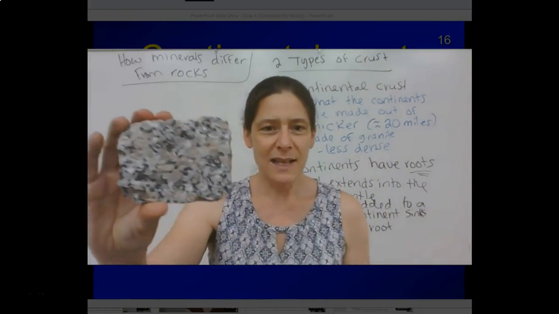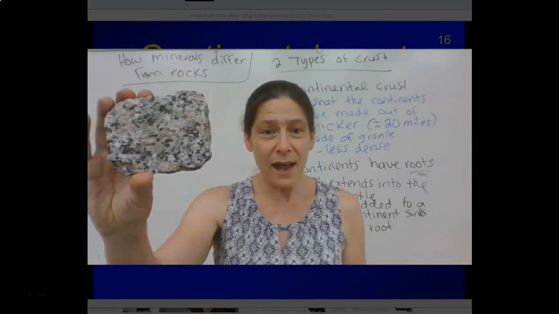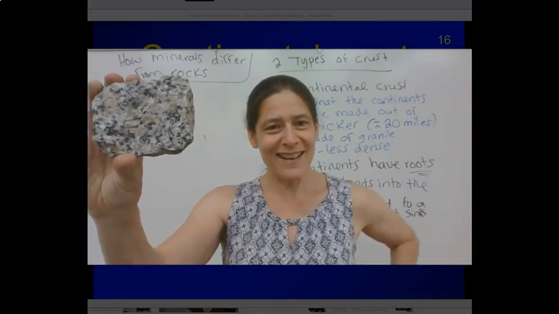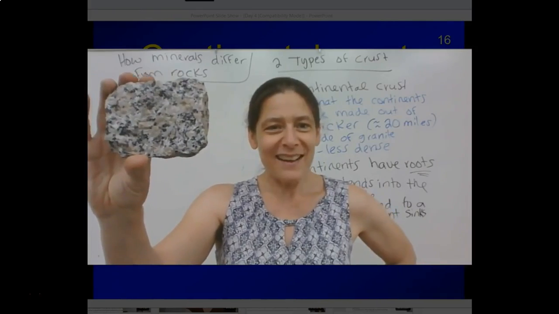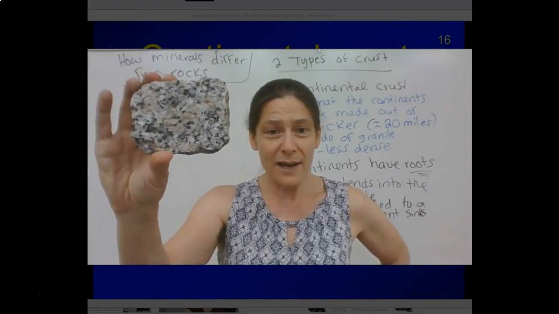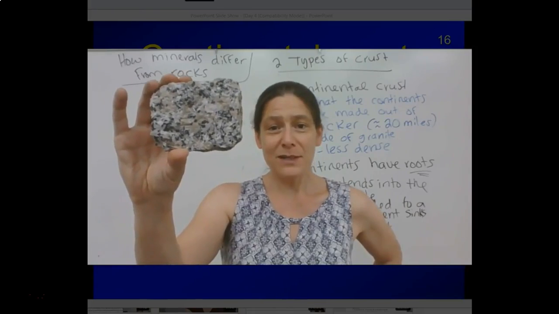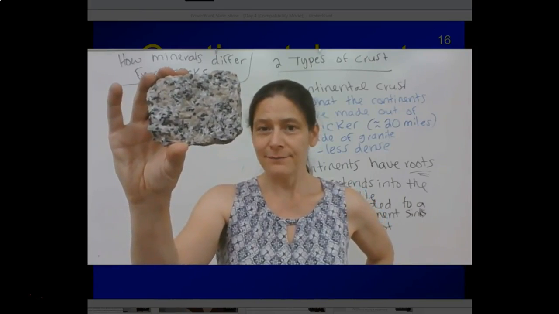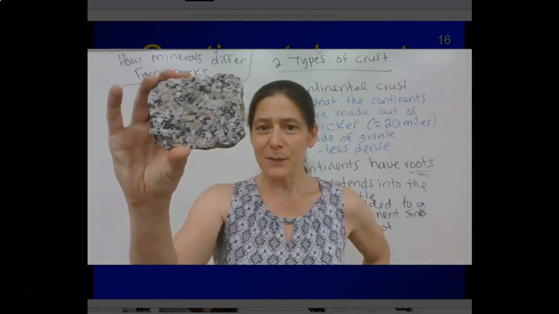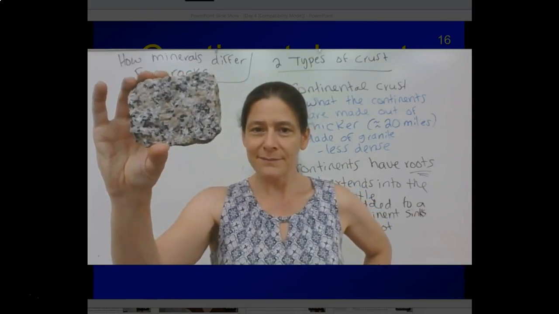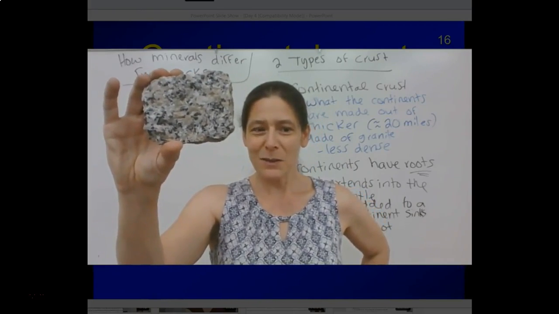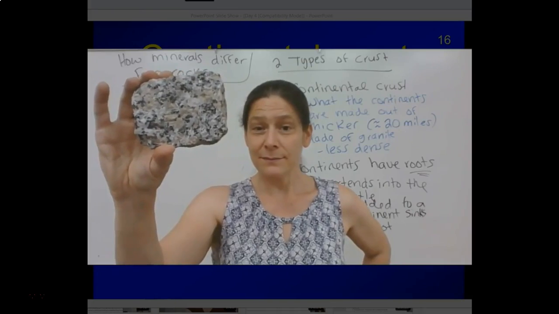Ooh, pretty. Can you see that there's pink areas? Actually, it kind of matches my shirt. Some pink areas, some black areas, some white areas. It's kind of speckled like that. So is this a pretty speckled rock, or is this a pretty speckled mineral? Is this a rock or is this a mineral?